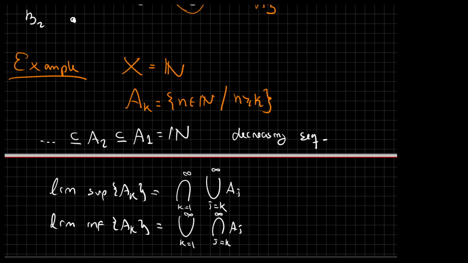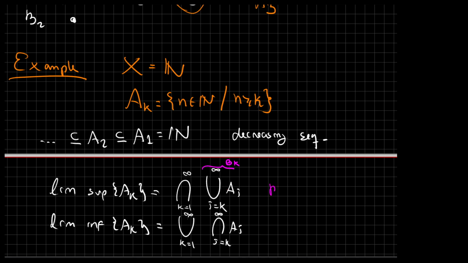If you unite everything starting from k, let's call this B_k, like we did previously.